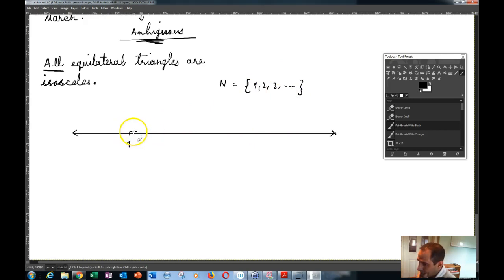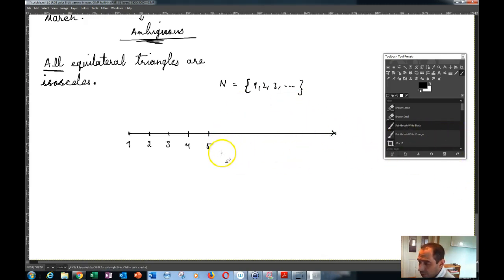You represent a point starting from 1, and then this would be number 2, so that would be 1 unit, and this would be number 3, number 4, 5, and so on and so forth. Usually, of course, there is no point over here, so you have number 1 over here, and then it goes all the way up to infinity. So that's the set of natural numbers.